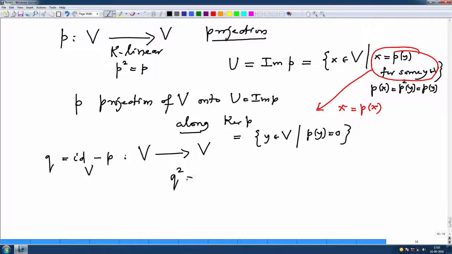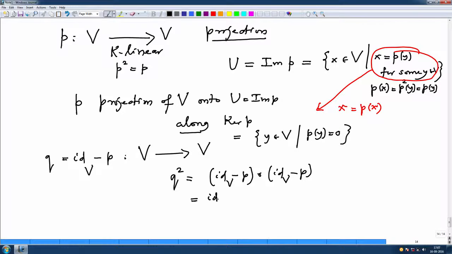So, Q square is by definition IDV minus P composed with IDV minus P, and we have to be a little careful here because the composition is not commutative. So, do it slowly.